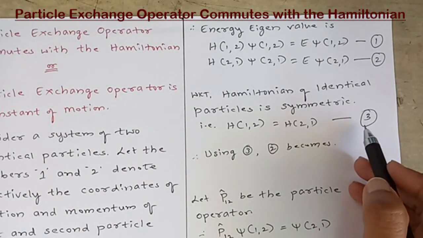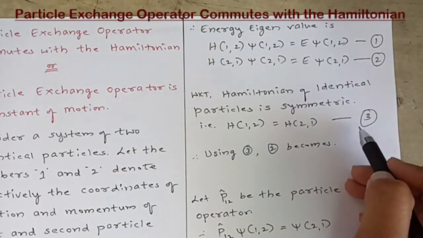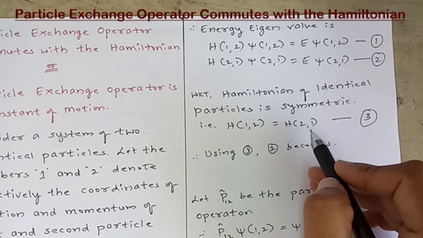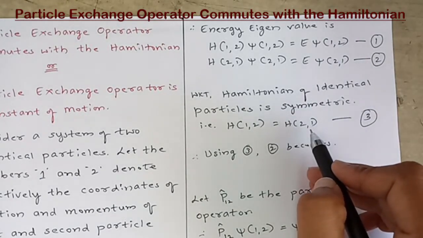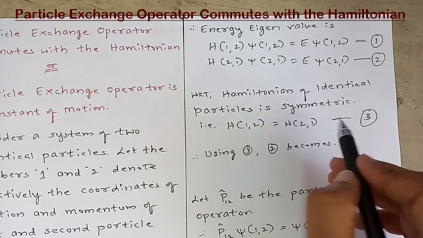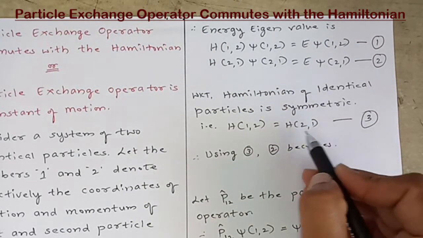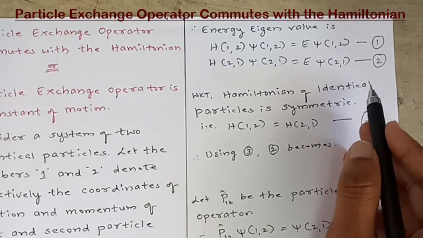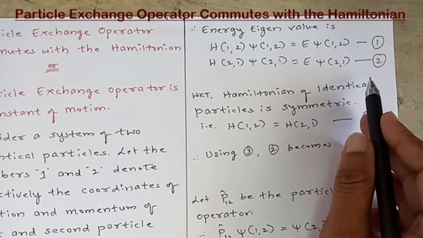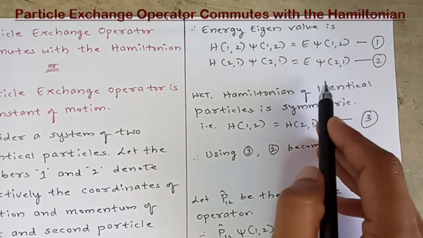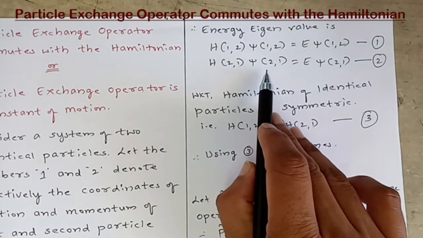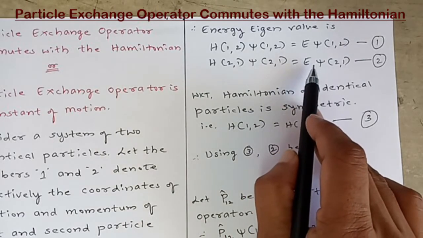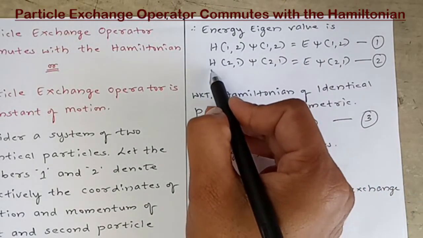Now using 3, equation 2 becomes, so we use this symmetric property of the Hamiltonian and substitute it in equation number 2. We keep everything as it is, but only exchange this part.